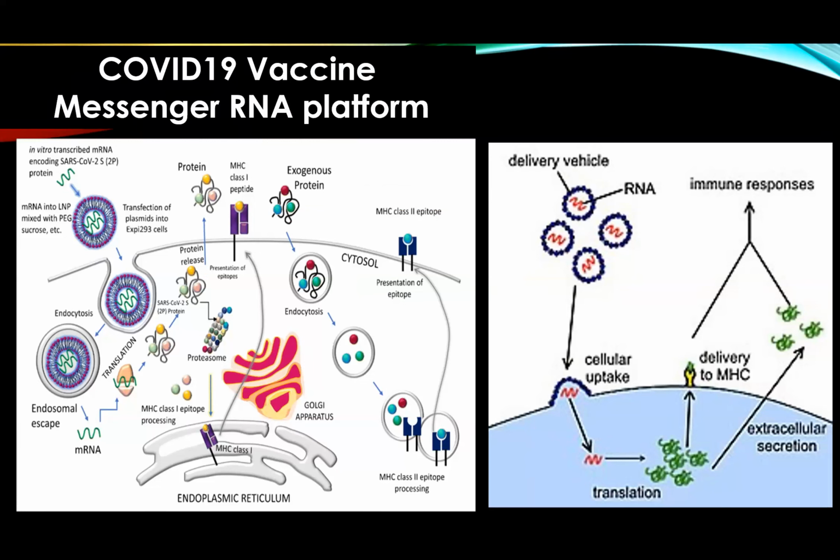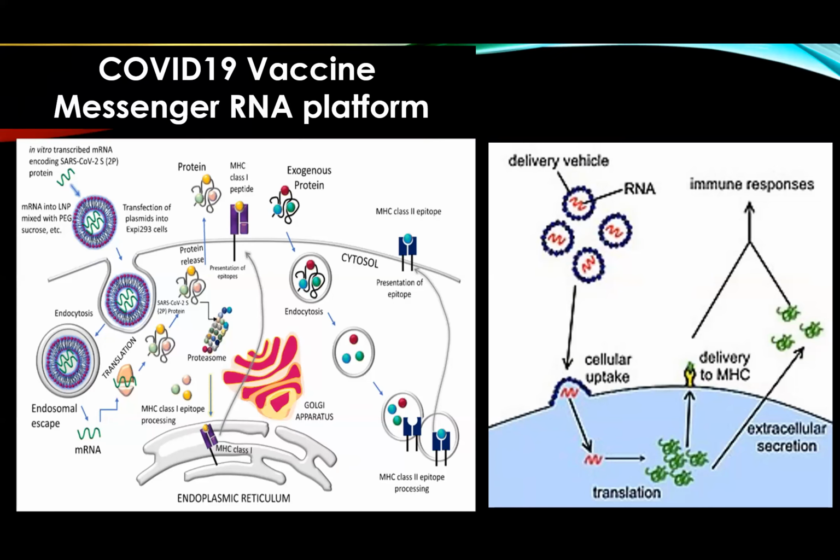Then translation brings out different proteins, which are released to the body, and the body then reacts. On the right, you find a simplified figure of what is happening. I'm sure you all know about this one.